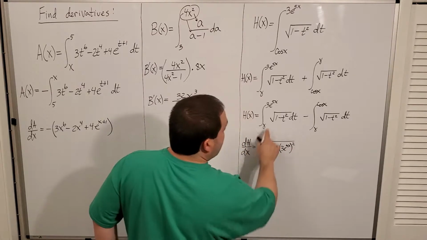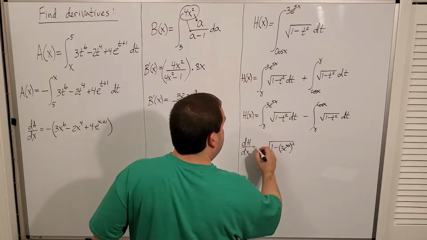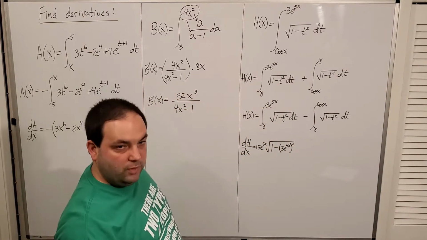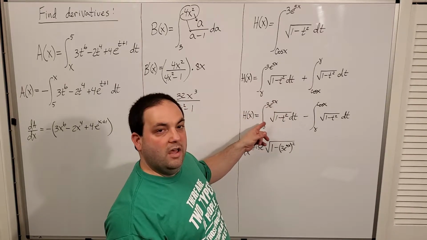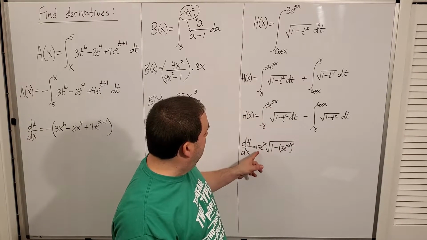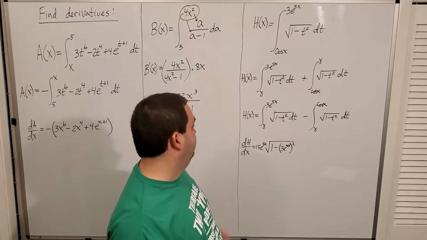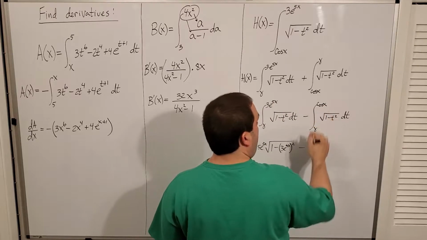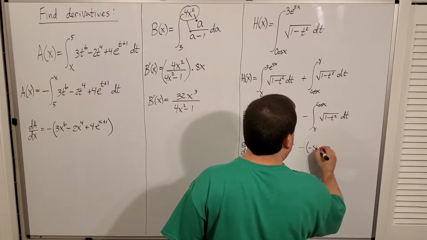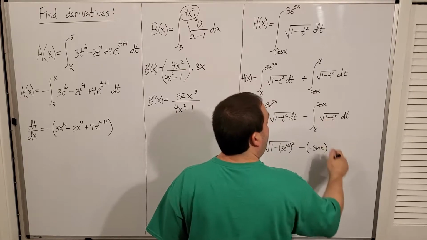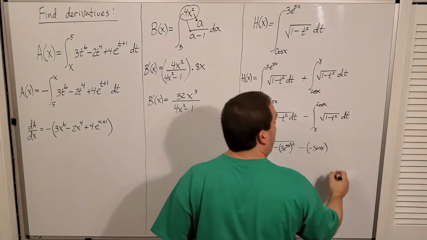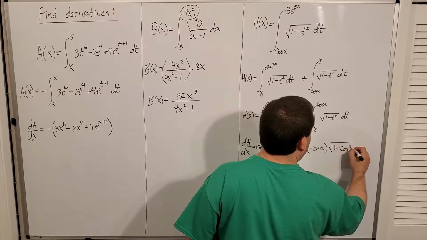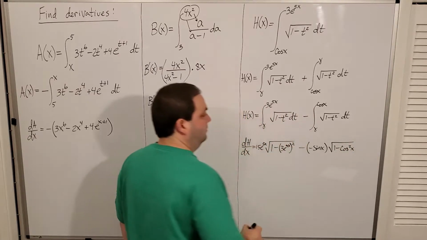And then the inside derivative is 15e to the 5x, because e to the 5x is its own derivative, but you drop out a 5 from that inside chain rule, and you get 3 times 5 is 15. Minus the derivative of cosine, which is negative sine x, and then I have the derivative of the integral portion, which is the square root of 1 minus cosine squared x, like so.